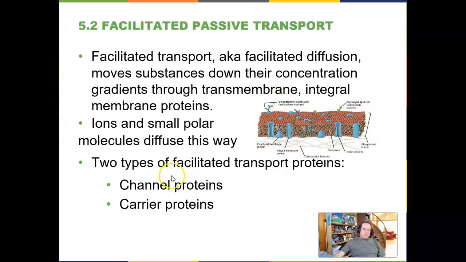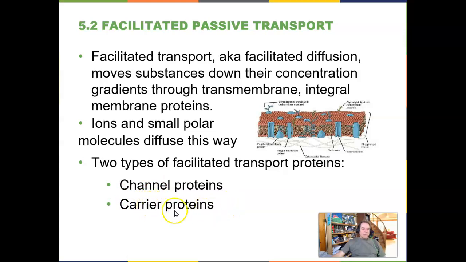For those molecules, we're going to have either channel or carrier proteins. The difference is a channel protein just opens up and allows anything as small as it or smaller to slide right on through. So it's not as selective as a carrier protein, which usually has a very one-to-one relationship, or a two-to-two relationship with a couple of different molecules, and only very specific molecules can interact with this protein, and it literally changes shape.